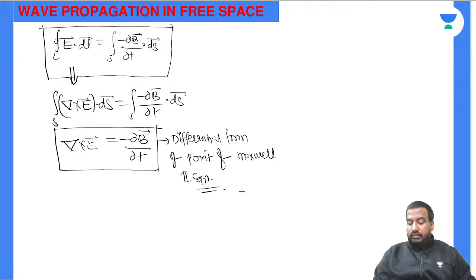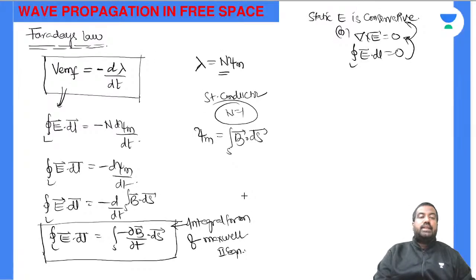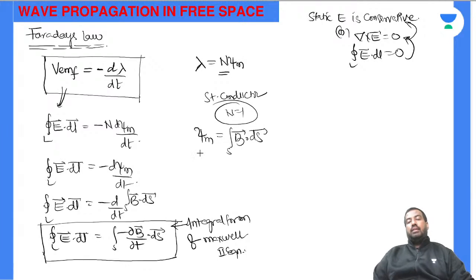Now, as they're asking about the physical phenomena, listen carefully. How to understand the physical phenomena: according to Oersted, there is a link between current and magnetic field.